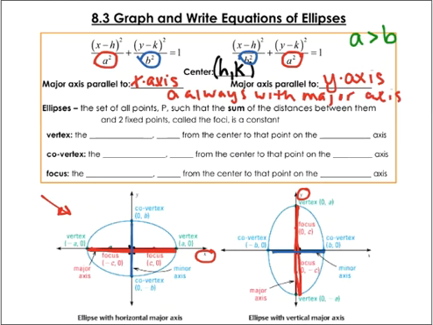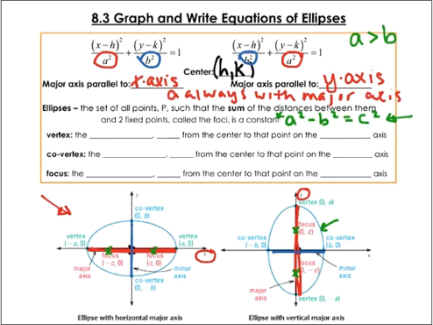We have a focus here and here, and I'm putting x's on them. If you see on these pictures, there's the letter c. Well, the way we're going to find this, and I need you guys to write this in, is a squared minus b squared is equal to c squared. Please make sure you write this down, because this is very important.